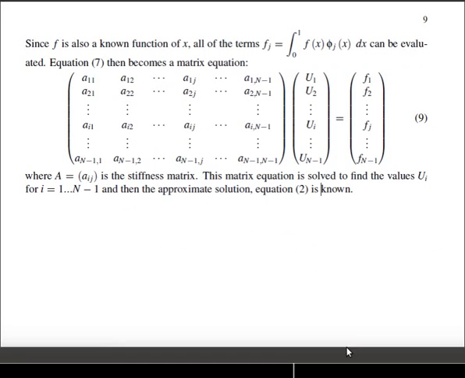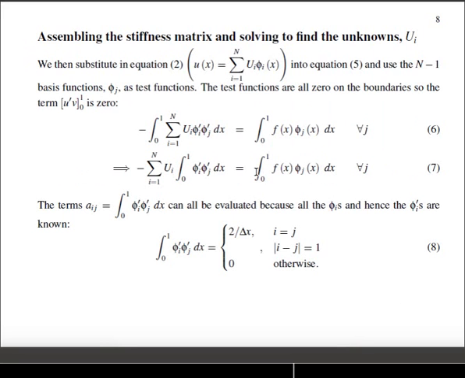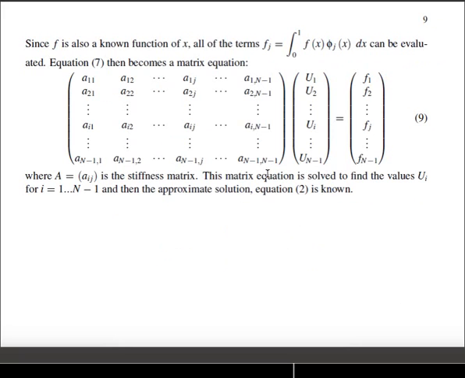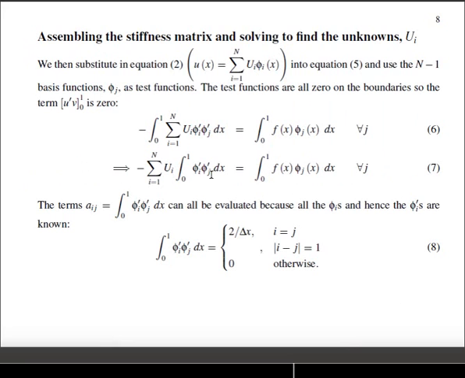So now we know the function f is known, so we can also evaluate the right-hand side, this right-hand side here, for every value of j. And so equation 7, this equation, becomes a matrix equation. We've got a matrix of values for this integral, phi I and phi j.